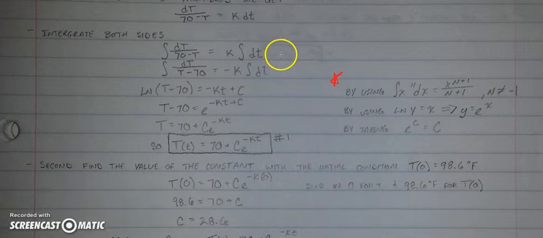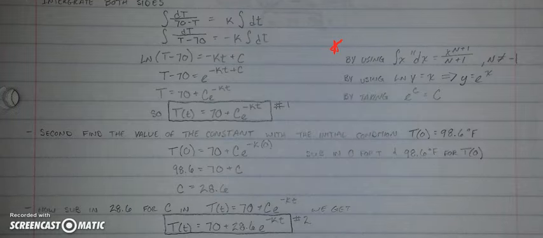Just follow along down the page, and hopefully everyone can follow along. If not, I've got some examples of what I used and how to get what I got. But in the end, we're going to get T(t) equals 70 plus the constant times e to the negative kt, and we're going to call that number 1.